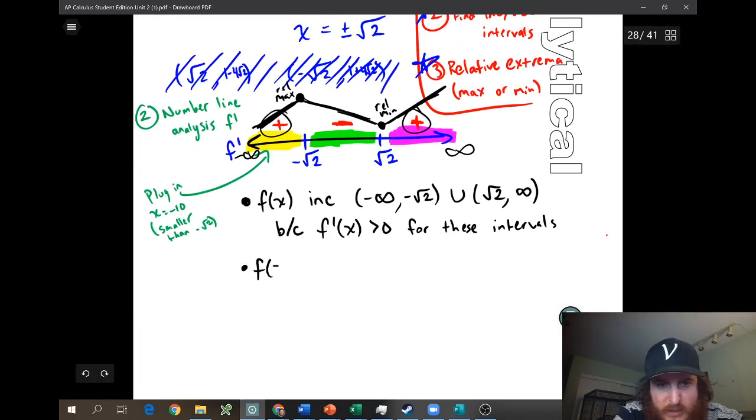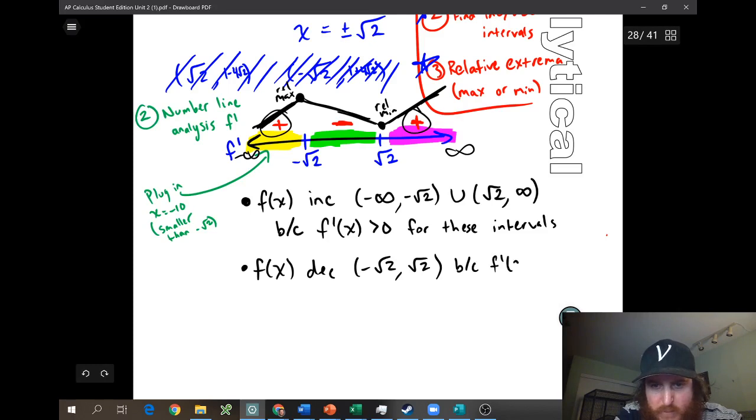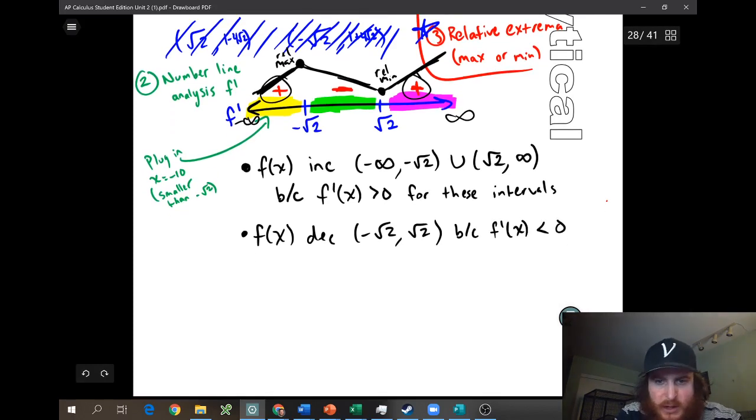So f of x is decreasing for negative square root of 2 to 2, right? We saw in our number line analysis, that's where we had the negative section, the green section, because f prime of x is less than 0. Now we could say for this interval, or we could just say for, and repeat negative square root of 2 to 2.